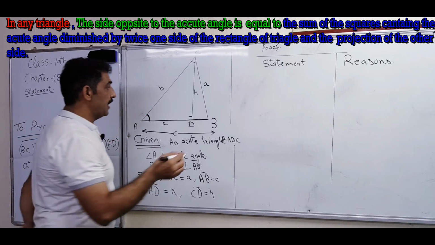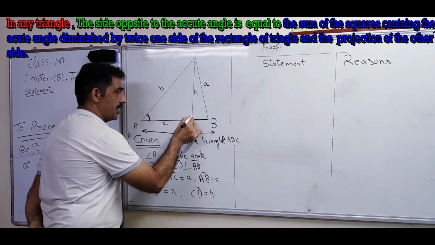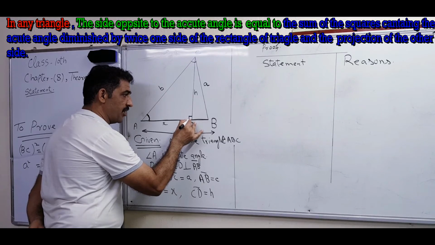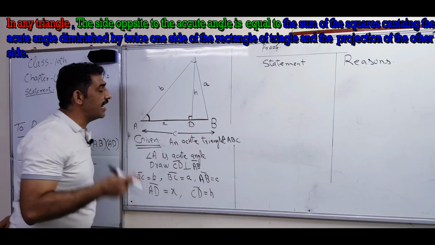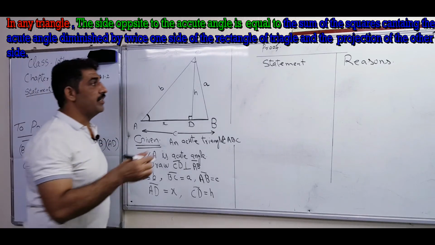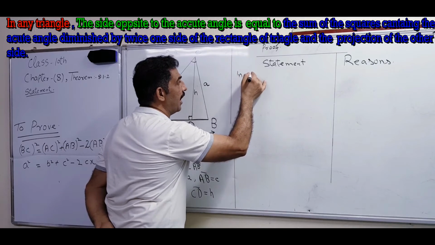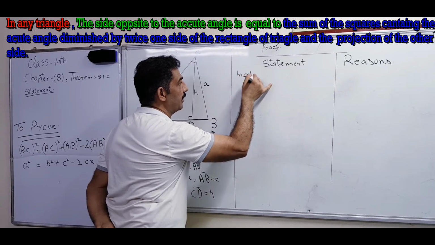Is that a right angle triangle or not? CDA. Good, that is a right angle triangle, due to this angle. So we take the right triangle CDA. You can write that mathematically like that: in RT, right angle.